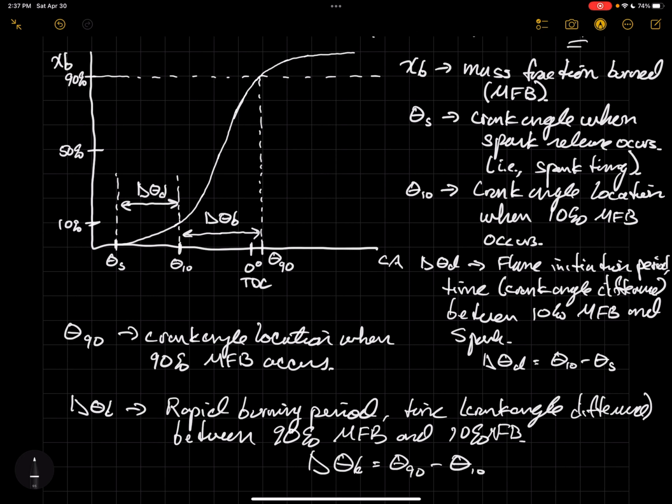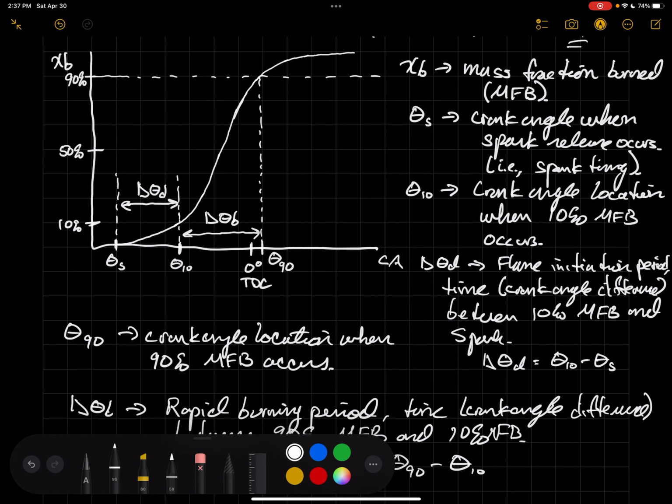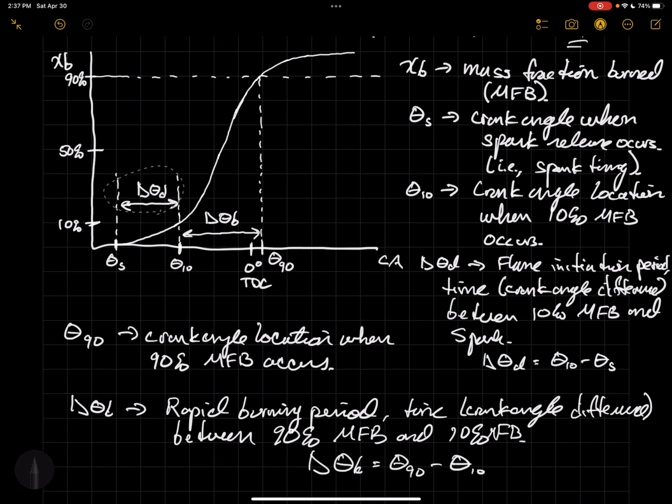It has a large implication on various types of emissions, such as unburned hydrocarbons or unburned carbon monoxide, but we're not going to have time to get into those details this semester. So we're going to focus all of our time on the flame initiation period, this delta theta D, and the rapid burning period, this delta theta B.